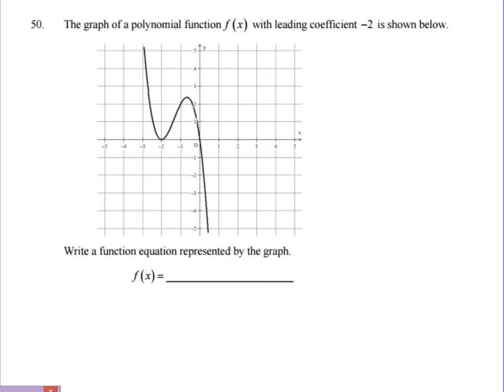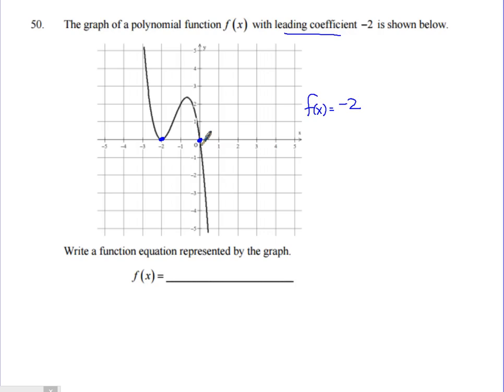All right. Here are some fun problems. A graph of a polynomial function, f of x, with leading coefficient -2 is shown below. So with leading coefficient -2, we know that -2 is going to start off our equation. We know it's negative, and it has a vertical stretch by a factor of 2. We also know some of the zeros. We know this 0 and that 0.